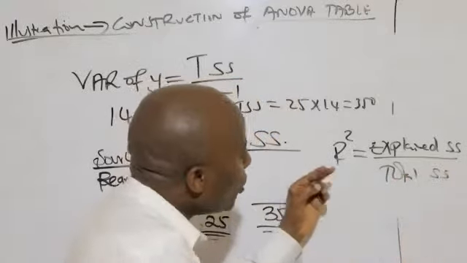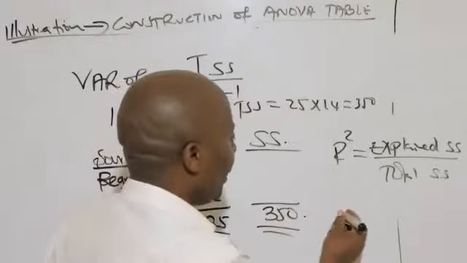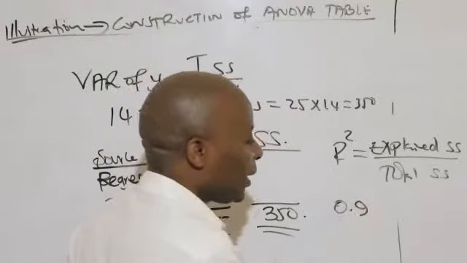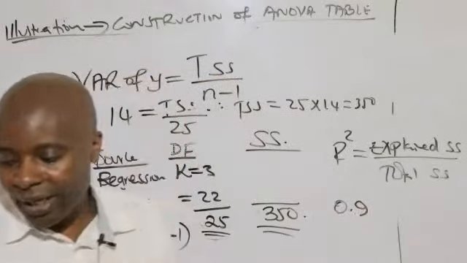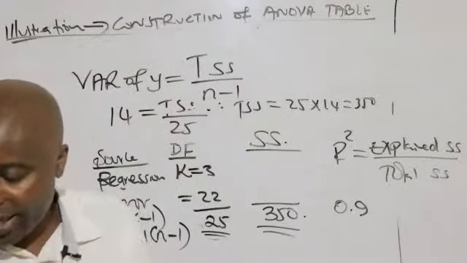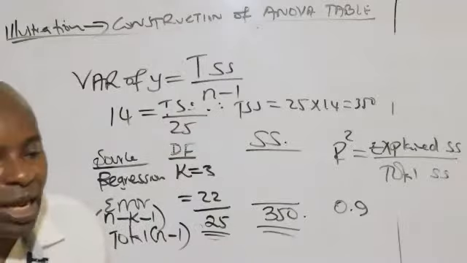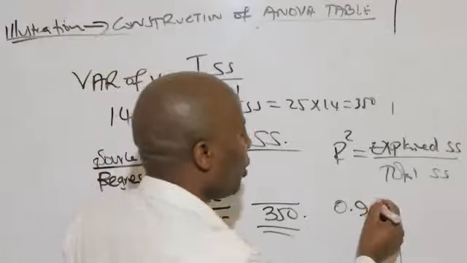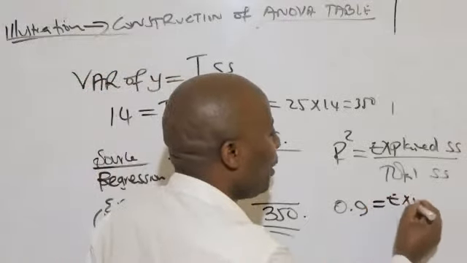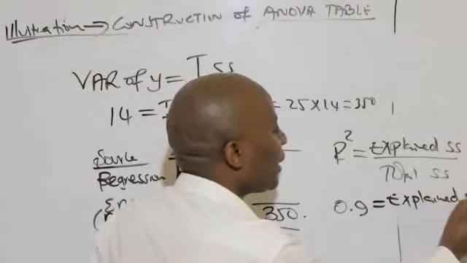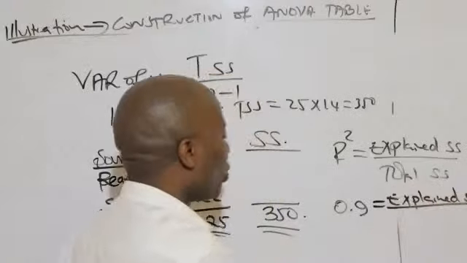And the R squared given up there, if my memory serves me right, is 0.9, which will be equal to the explained SS that I don't know, all over the total SS.